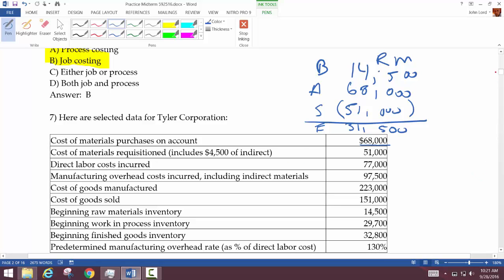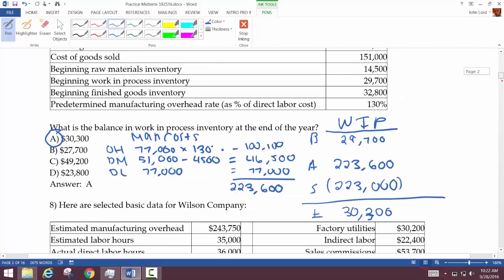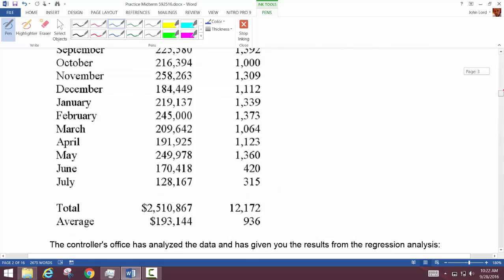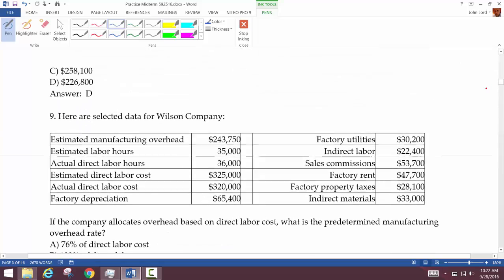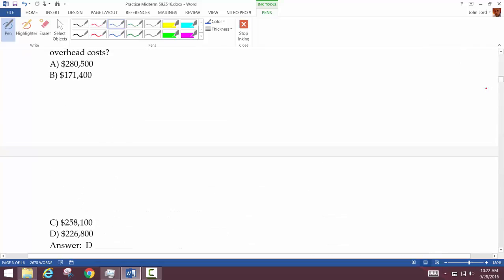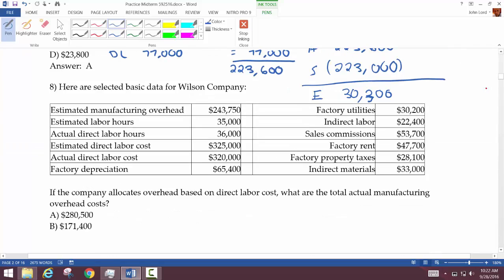Let's take a look at the next one here. Which one are we on now? 8. Okay, good. Who wants to do 8? I've got two volunteers. I think the man with the red shirt was up first.